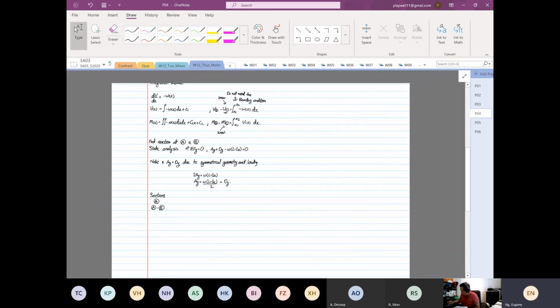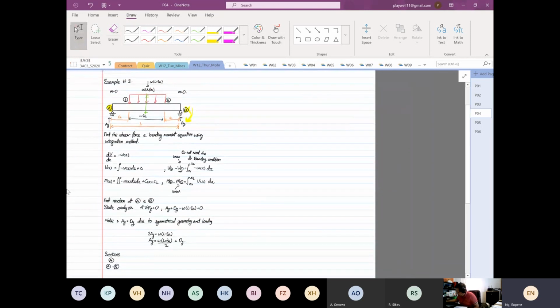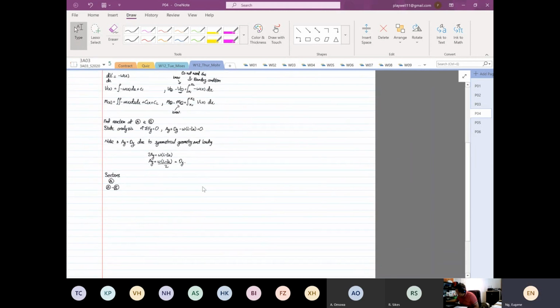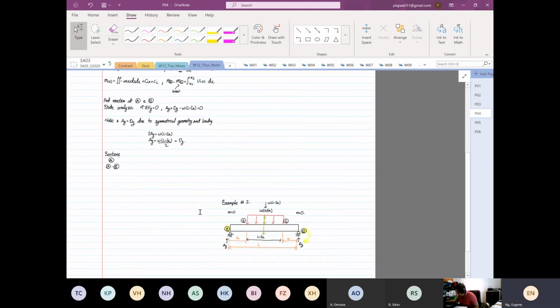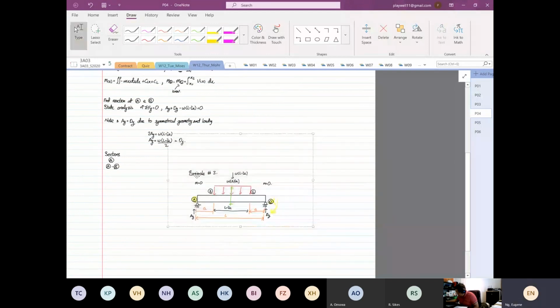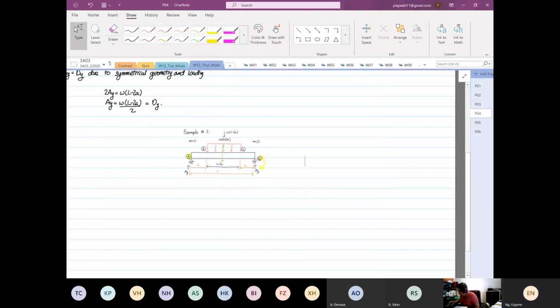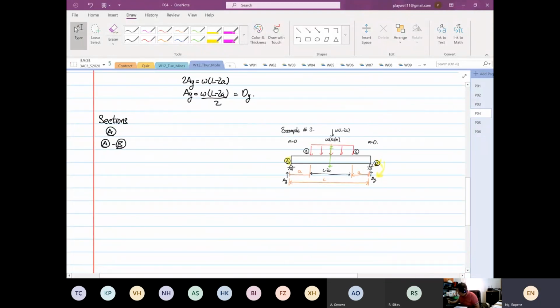Let me see, I'll copy the diagram. I do apologize, this is not really good. Okay, so there's point A. At point A, we have a point load.